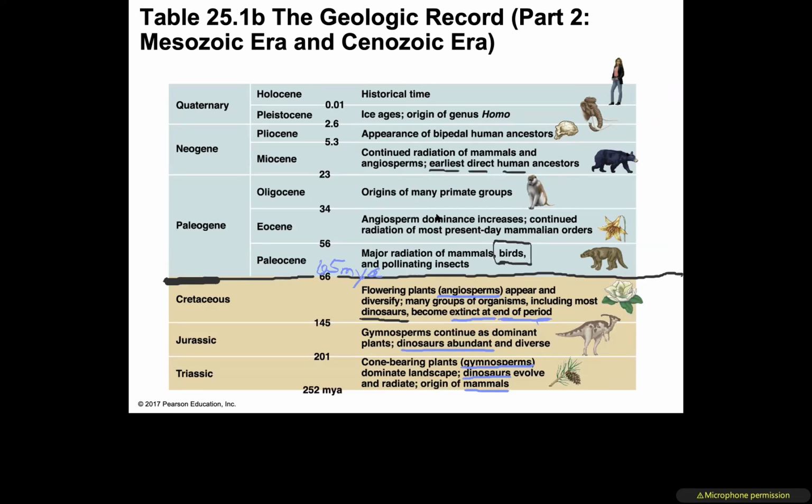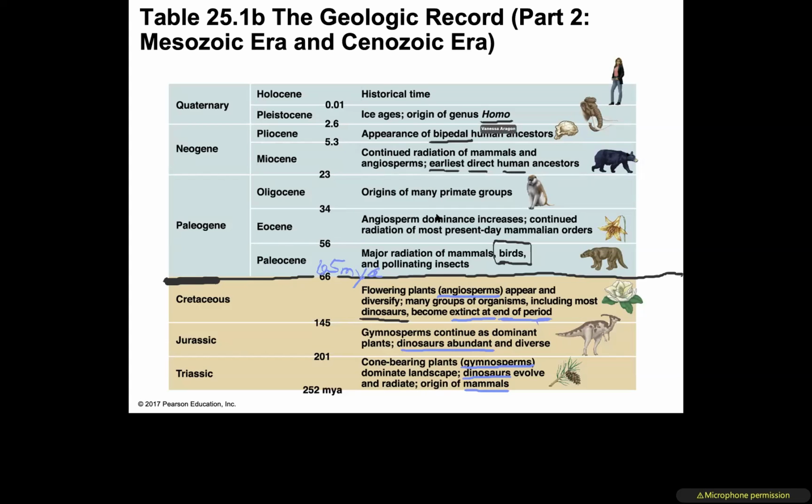So that's a big little break there. Then you go into the appearance of your bipedal human ancestors. So this is going to be 200,000 to 500,000 in that little section there. And so then from there, origination of your genus Homo.